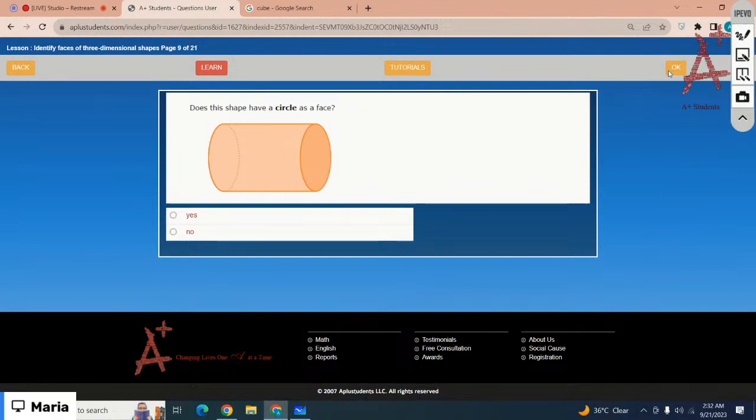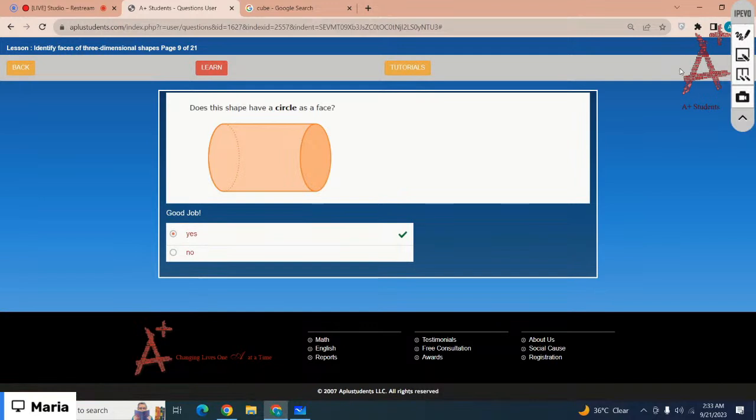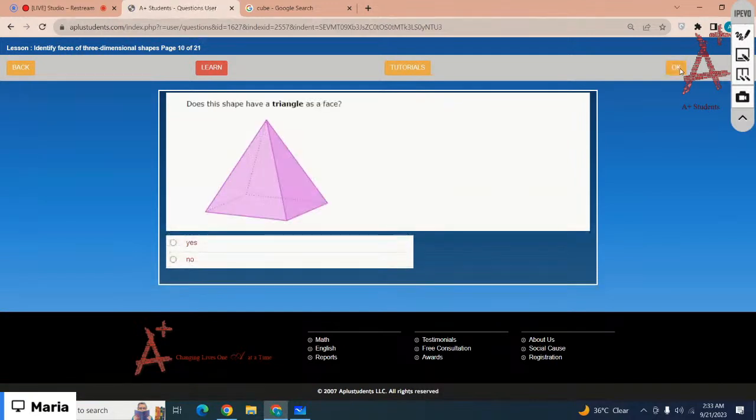Does this shape have a circle as a face? The correct option is yes, it has a circle as a face, right? You can see this side of the face, that is a circle. Does this shape have a triangle as a face? Which is the correct option?